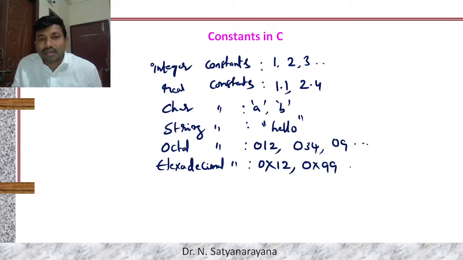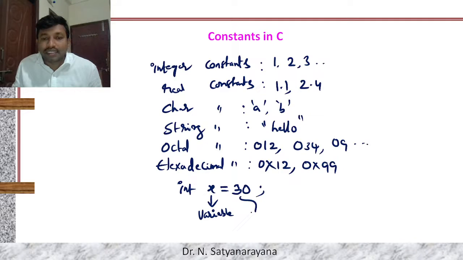So what does a constant mean? In fact, if you say int x, x is a variable, but a variable is always assigned a value, say 3 or 30. So here x is a variable and 30 is a constant.